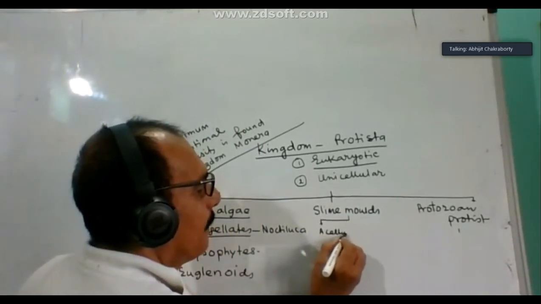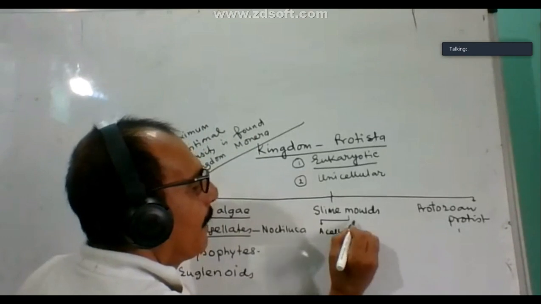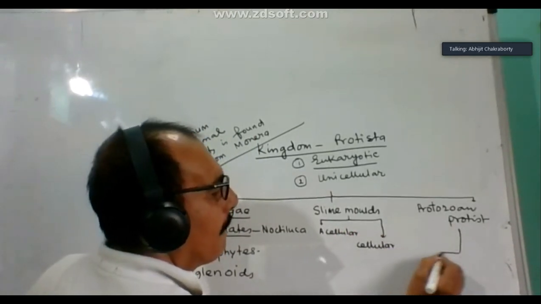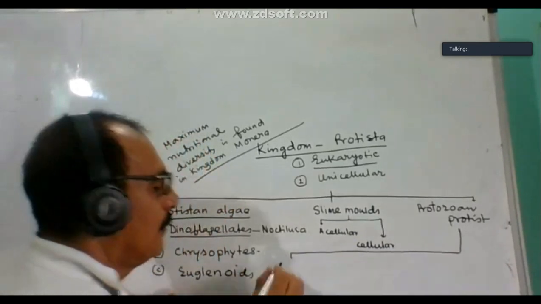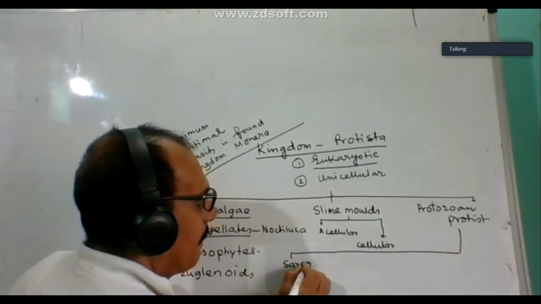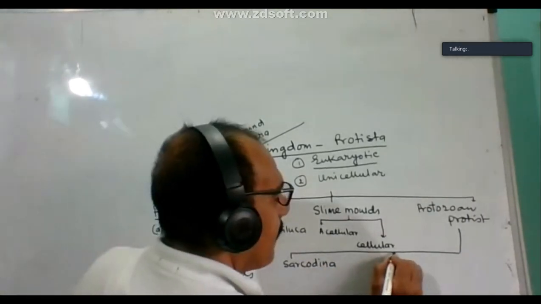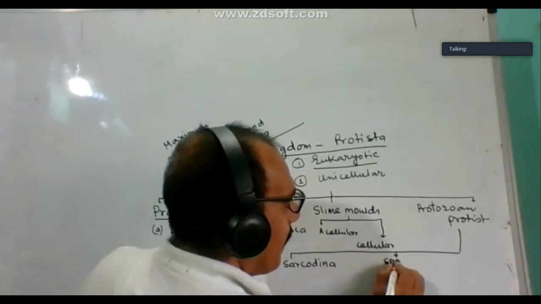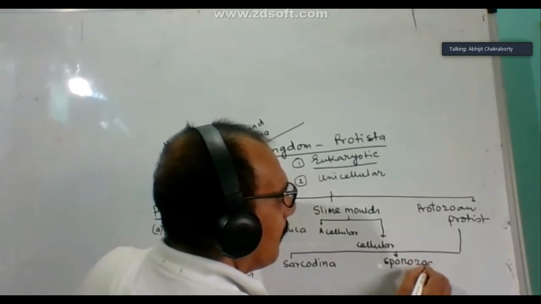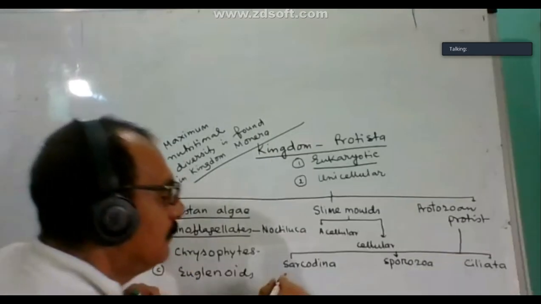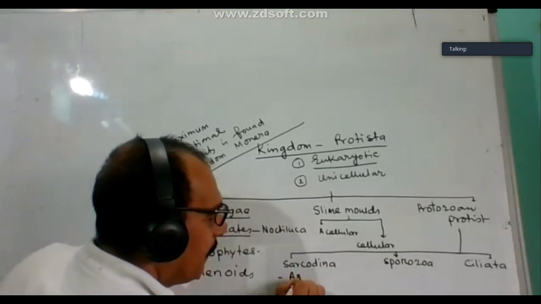Cellular, cellular. Sarcodina, Sporozoa, under them, under Sarcodina you will get amoeba.